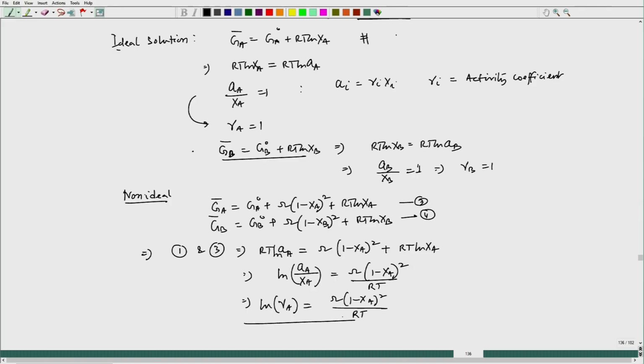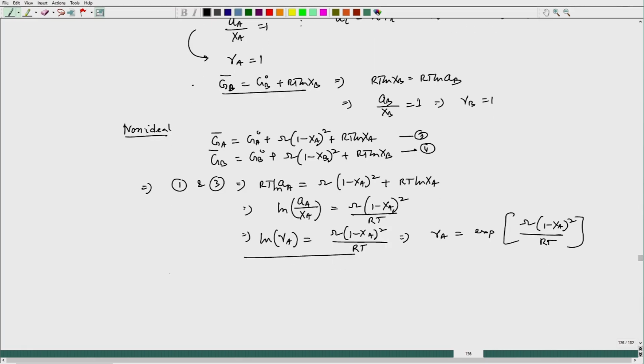Fine. So, we can get this equation, or we can write it this way: γA equals exponential of ω(1 − XA)² by RT. Fine. So, we get one equation like this.